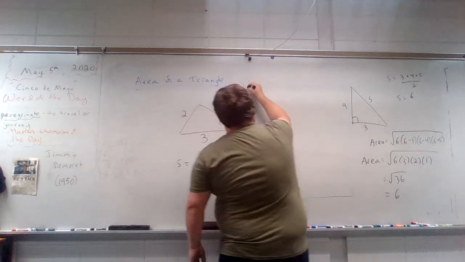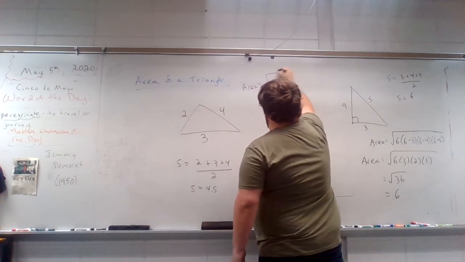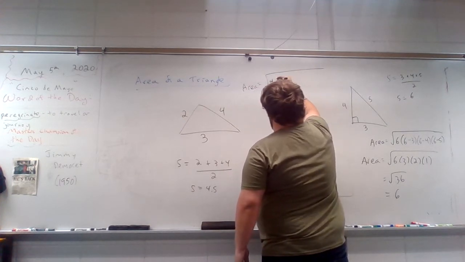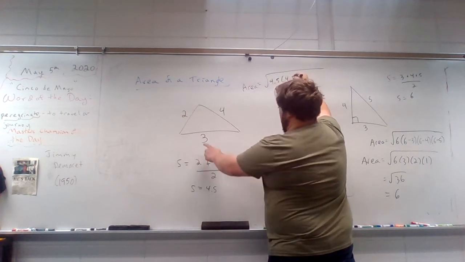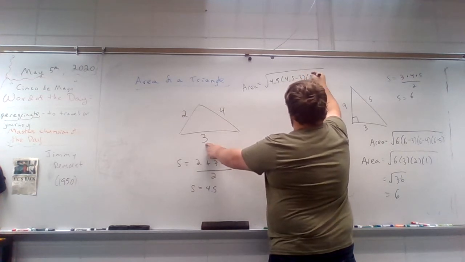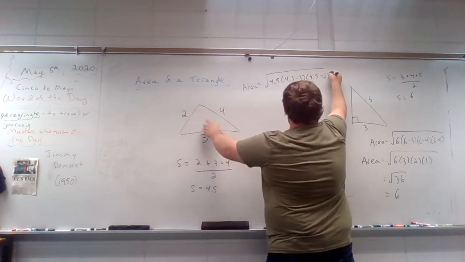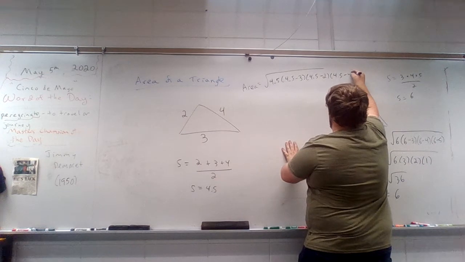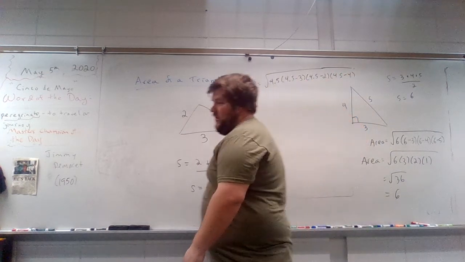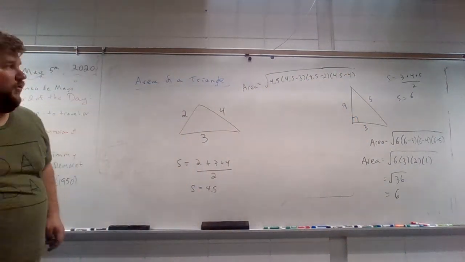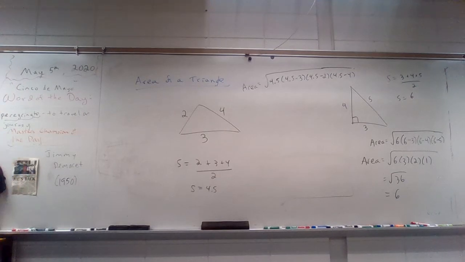Then my area would be the square root of 4.5 times (4.5 minus 3), (4.5 minus 2), (4.5 minus 4). I would punch that in on the calculator and verify what we get for this area.